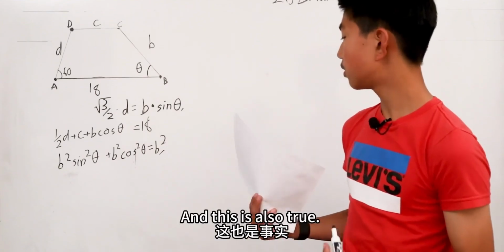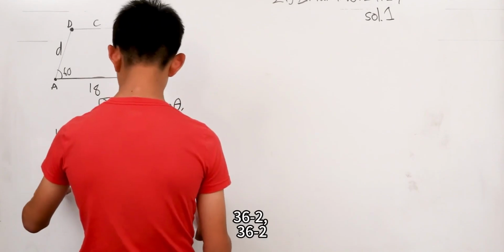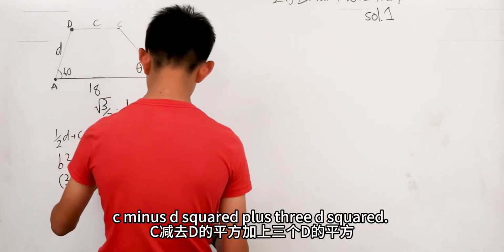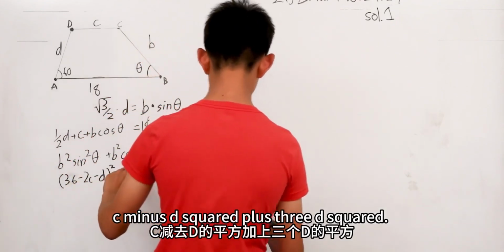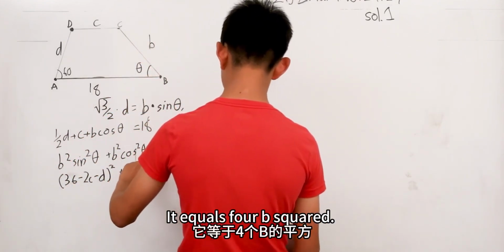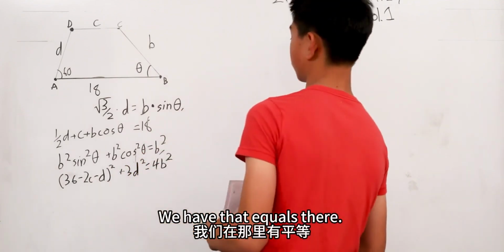And this is also true, so we can apply it again. 36 minus 2c minus d squared plus 3d squared equals 4b squared.